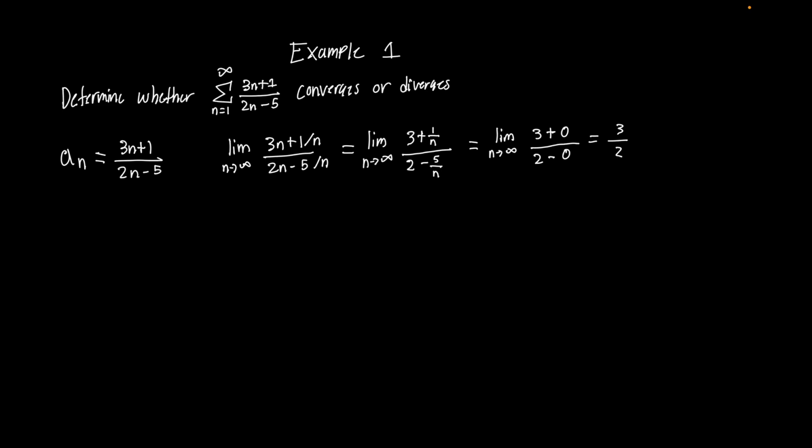Since the limit as n approaches infinity of a sub n, the term, is equal to 3 halves, and 3 halves is not 0, we can say the series diverges by the divergence test.